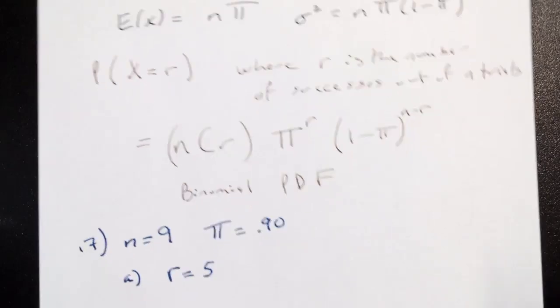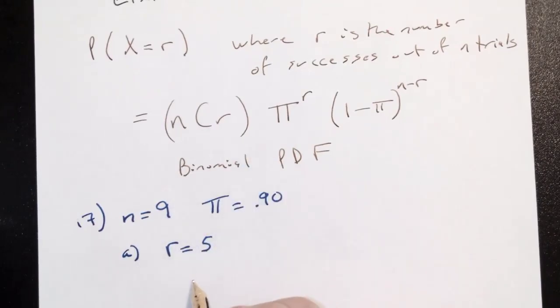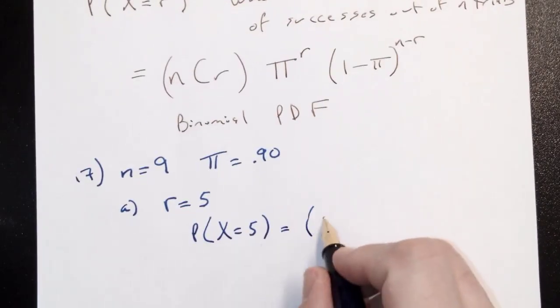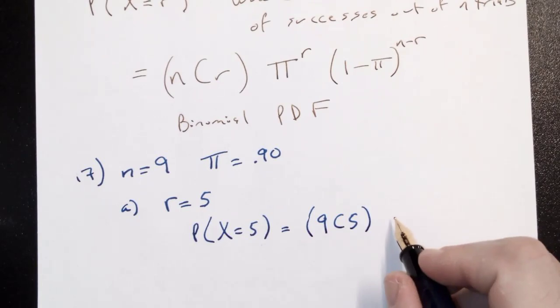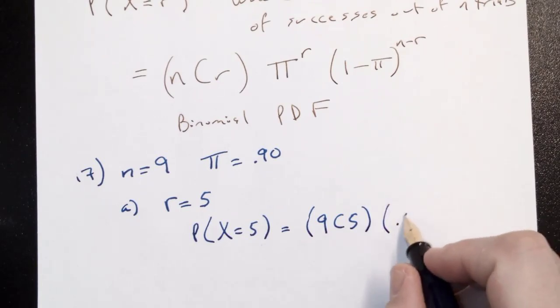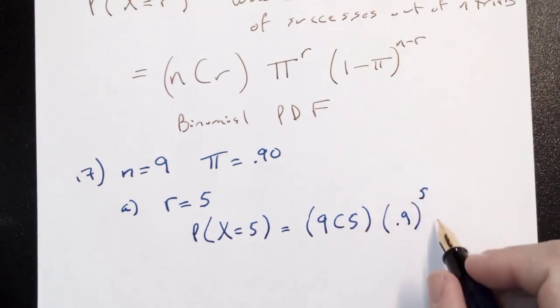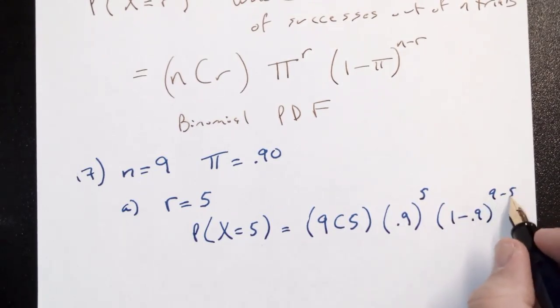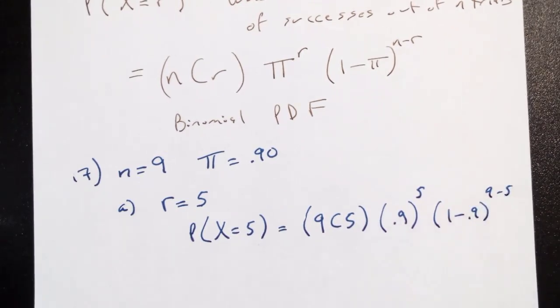Well, what I need to do, probability, this is equal to 5, is 9C5 times 0.9 to the 5th times 1 minus 0.9 to the 9 minus 5 power.